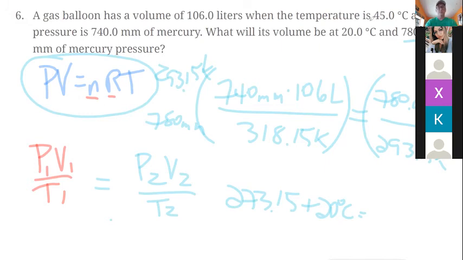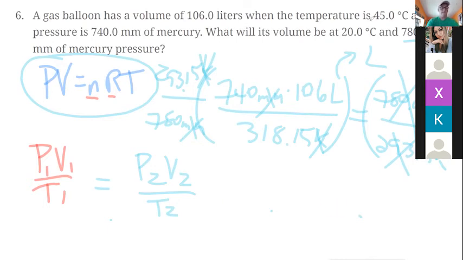So we just get rid of this, get rid of this. Millimeters cancel. We got them on top and bottom. Kelvin cancels. We got that on top and bottom. And then the only unit we have left is liters. And that's what we want, because the question was, what will V2 be? So what's V2 going to be in this?